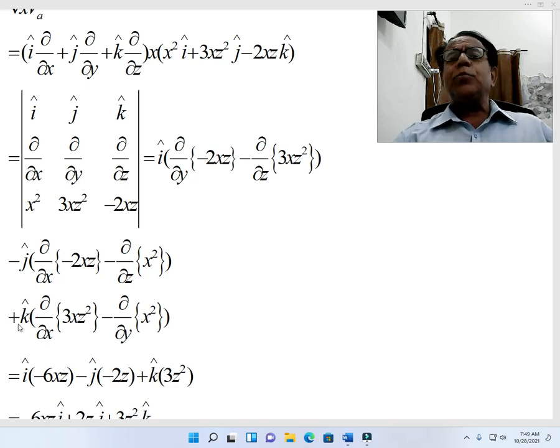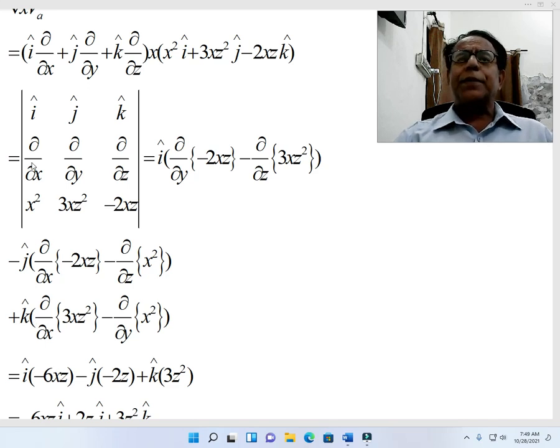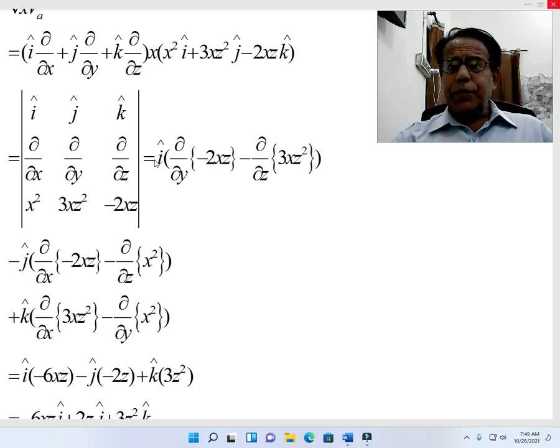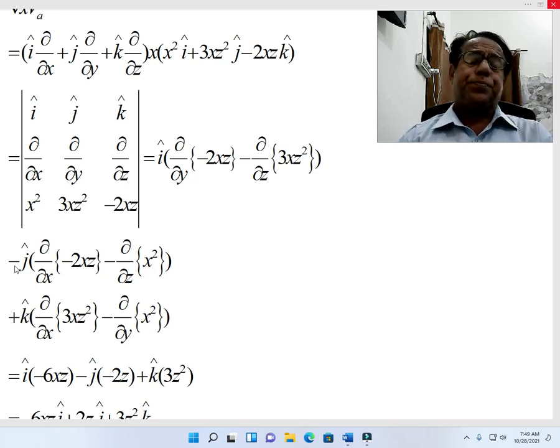Hence k unit vector into partial over partial x 3xz square minus partial over partial y x square. Now dear students, I will explain why with i and k there are positive signs, while with j there is a minus sign, a negative sign.